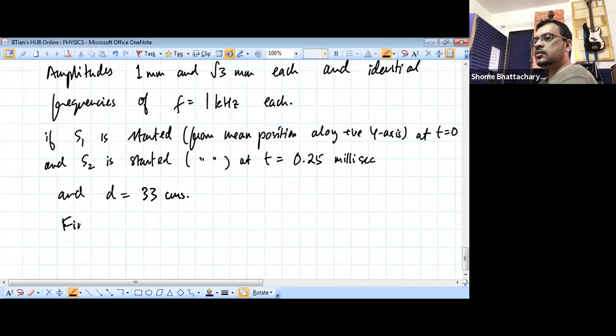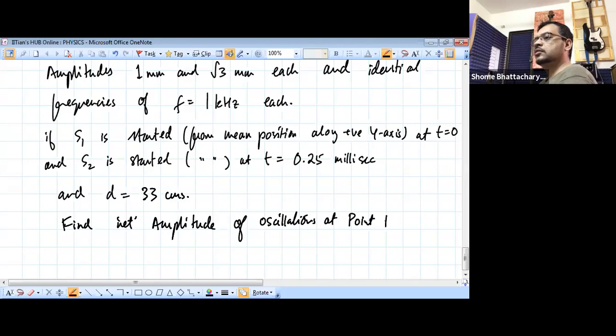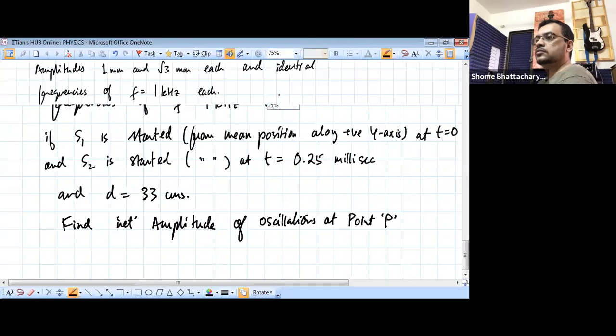We want to find the net amplitude of oscillations at the point x.